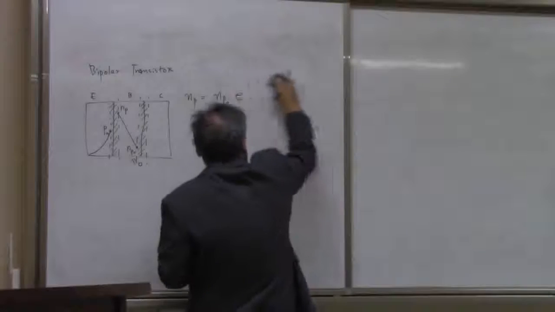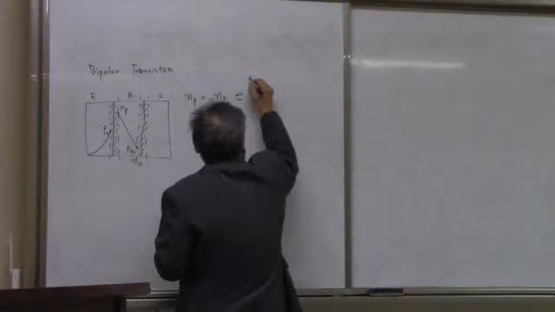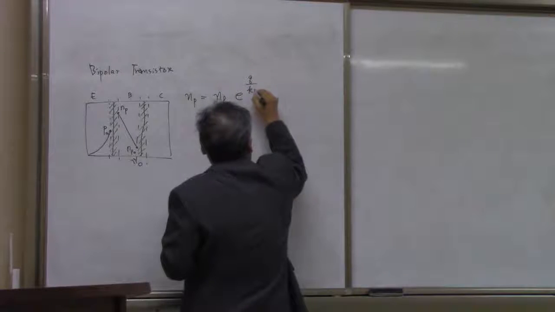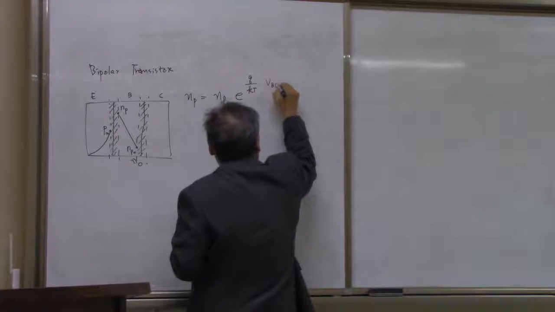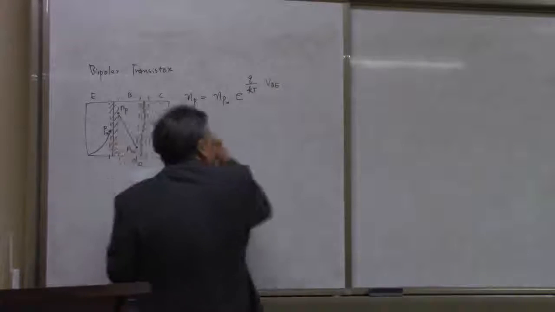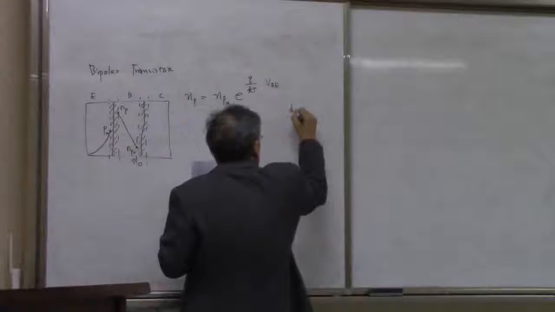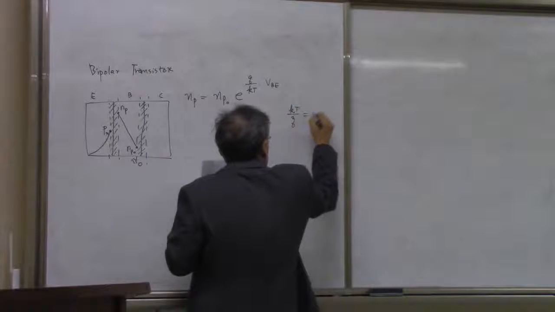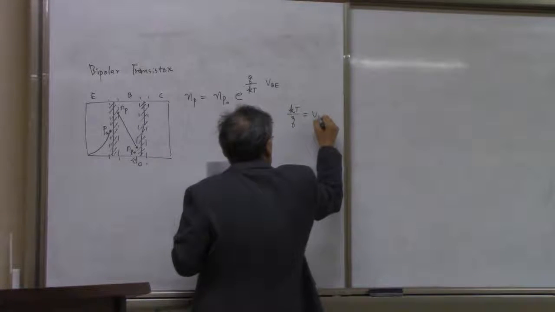We should write this over kT and phi BE. Last time we set this as a thermal voltage, right?